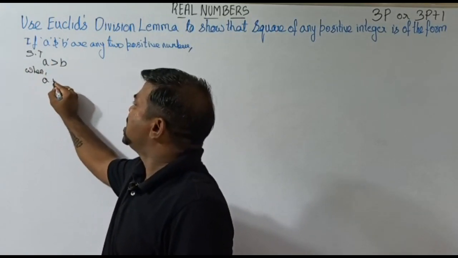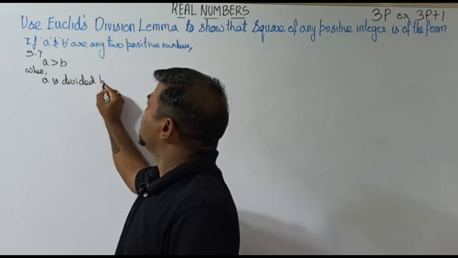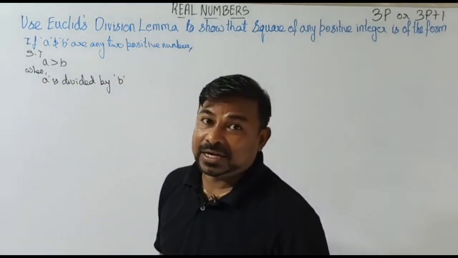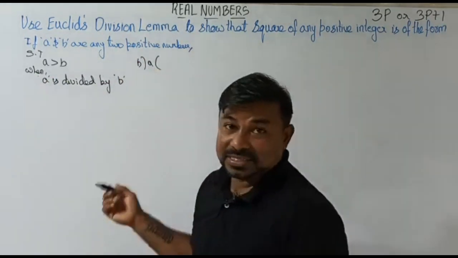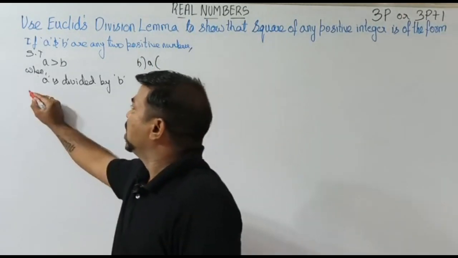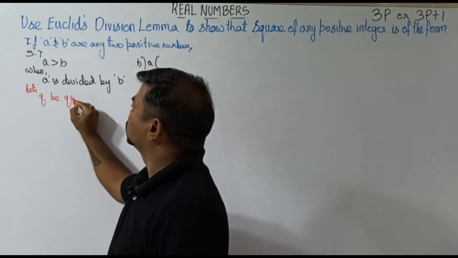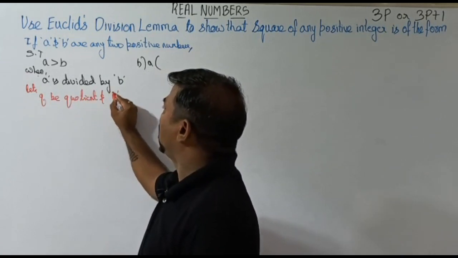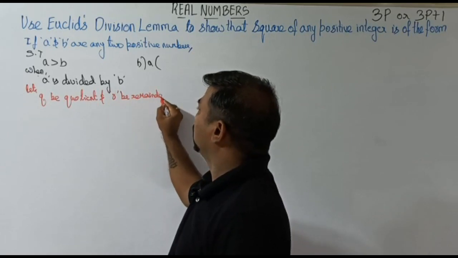When A is divided by B, let Q be the quotient and R be the remainder.